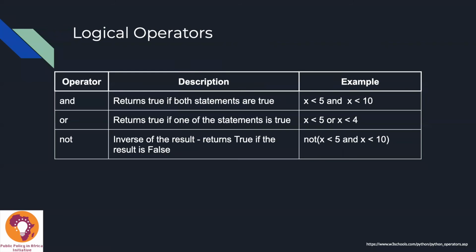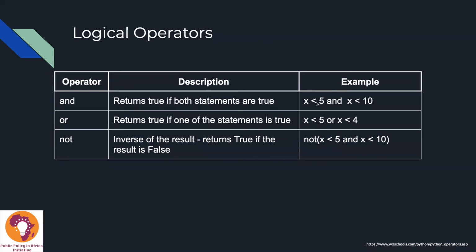Now we get to logical operators. Logical operators are basically ones where you can determine logic. And, or, and not are our core logical operators. So the and operator, its description is that it returns true if both statements are true.